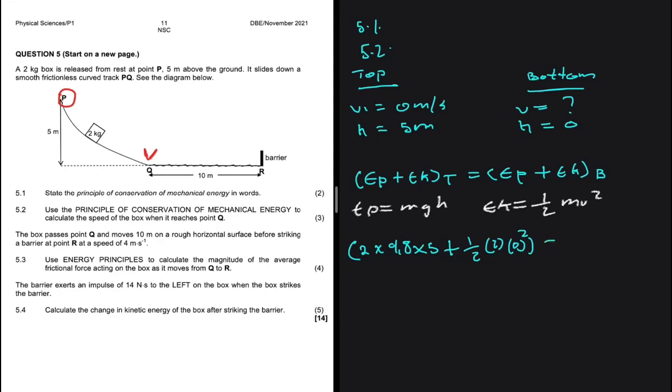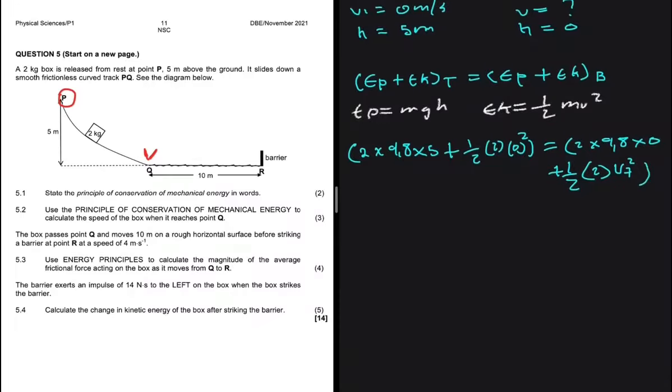And this will be equal to EP at the bottom. EP at the bottom, we have the mass 2 kg multiplied by 9.8 multiplied by 0, because at the bottom the height is equal to 0, plus a half, the mass is 2 kg, and then Vf squared. We're looking for the velocity or the speed at the bottom.